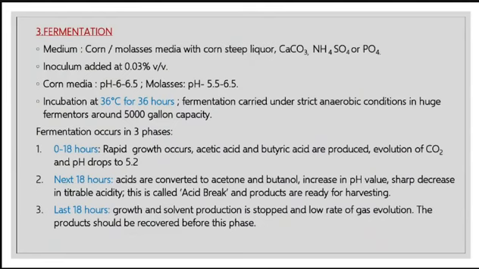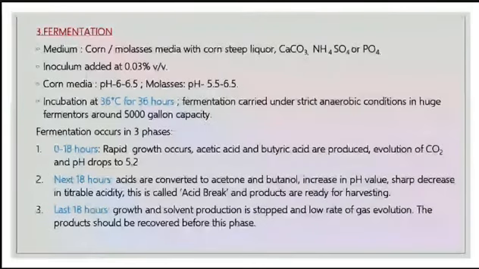In the first 18 hours, 0 to 18 hours, rapid growth occurs. Acetic acid and butyric acid are produced. There is evolution of CO2 and the pH drops to 5.2. During the next 18 hours, acids are converted to acetone and butanol.